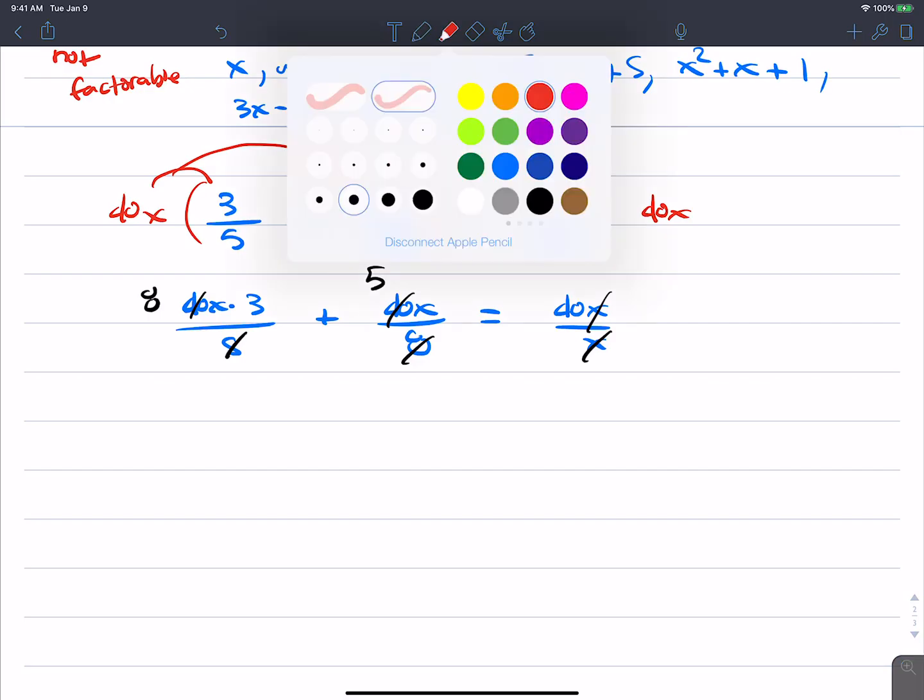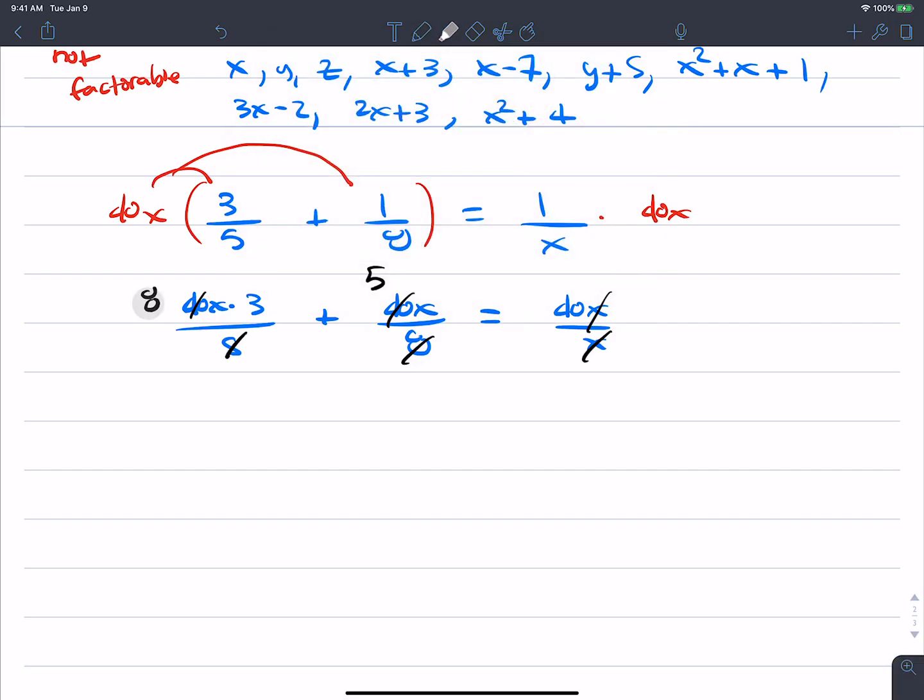Go back here. 8x times 3. You guys okay with that? 5x. That's just 40. So this will be 24x plus 5x equals 40 now. What type of equation is this? Yep, this is a linear equation, ladies and gentlemen.